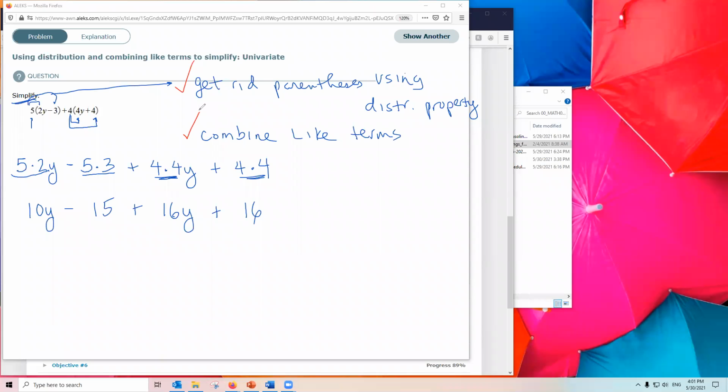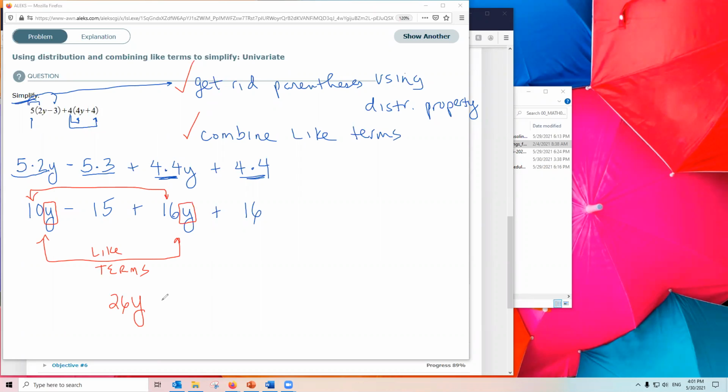All right, well now, so we just did step 1. Let's go to step 2, combine like terms. Remember, to combine terms, you have to have the exact same letter part. Well, I'm noticing here's a y, and here's another y. So these are like terms. I can combine them together. The rule is you keep the letter part as is, that's the y, and add together the numbers in front. Well, 10 plus 16 is 26.